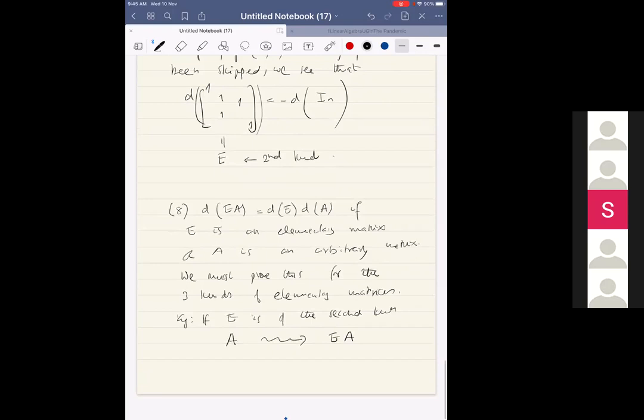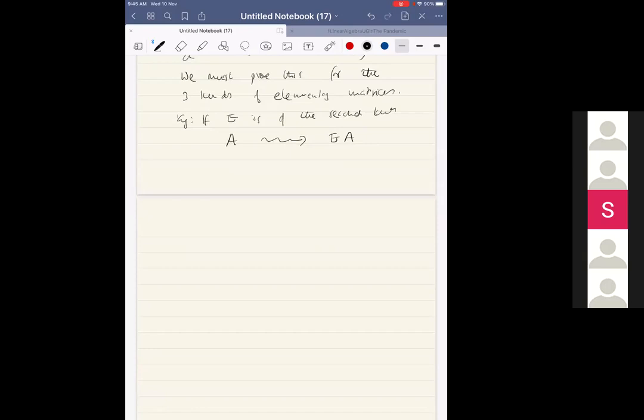We know this. We have already dealt with this. We interchange two rows. That's right. If you take an n by n matrix and multiply it on the left by an elementary matrix of the second kind, the effect on the matrix A is that two rows get interchanged.